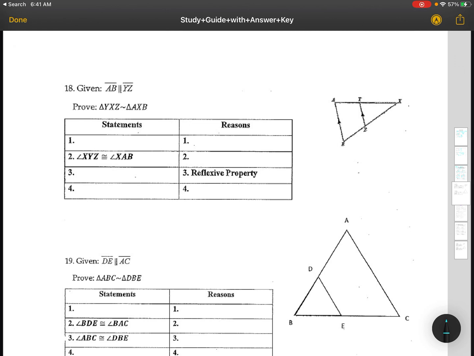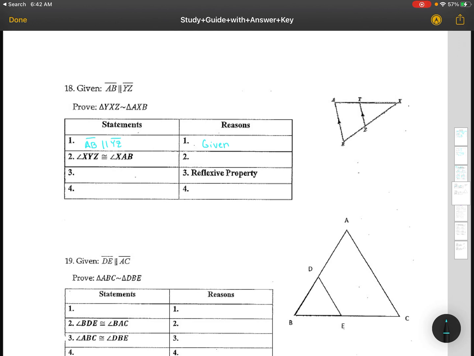We're given that AB is parallel to YZ. So what we're going to put here is that AB is parallel to YZ. That reason is given. Now, in my opinion, it doesn't matter if you actually include this.